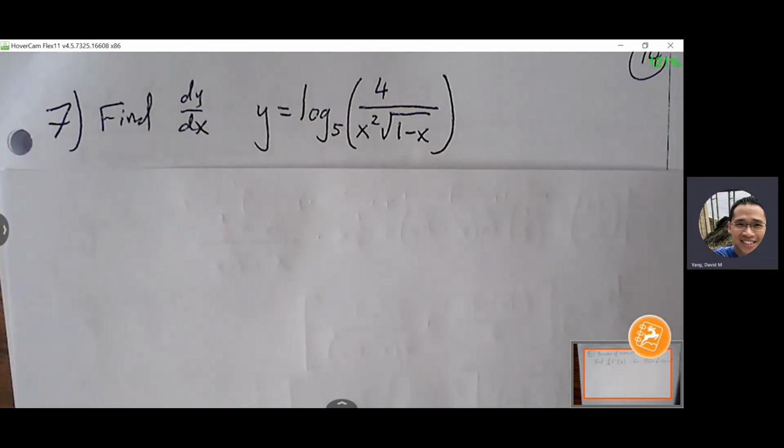Maybe this looks a little more intimidating because you have log base 5, but just pretend like it's natural log and start the problem thinking it's natural log, and then at the end, we can adjust for the fact that it's log base 5. What do we want to do first before we find the derivative?